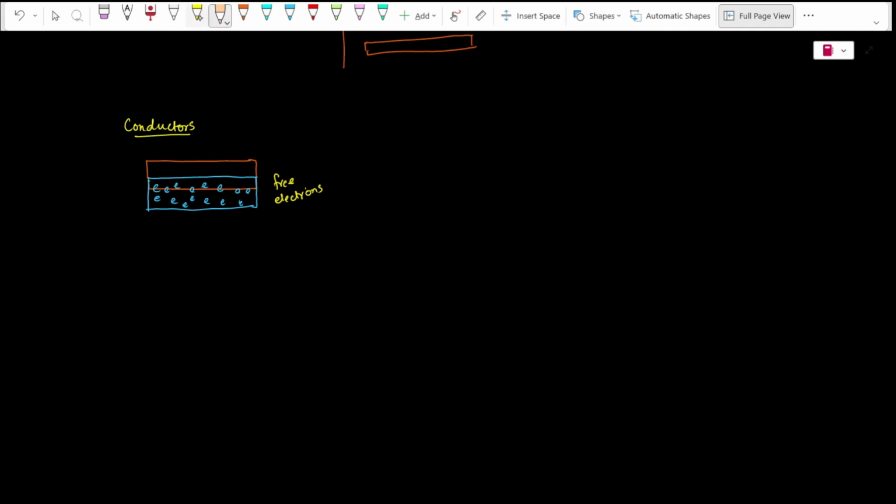Now, there are some materials which we call semiconductors, about which we will learn throughout the course. In the case of semiconductors, you have my conduction band somewhere here, and I have my valence band somewhere down here. But in this case, they have a small energy difference, and this energy difference is called the band gap.